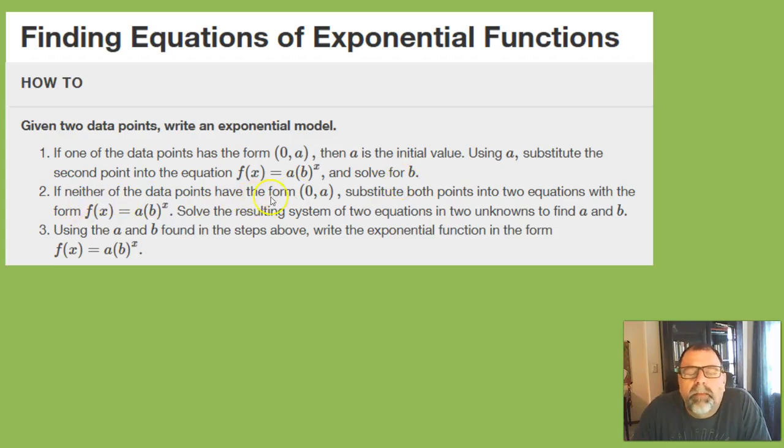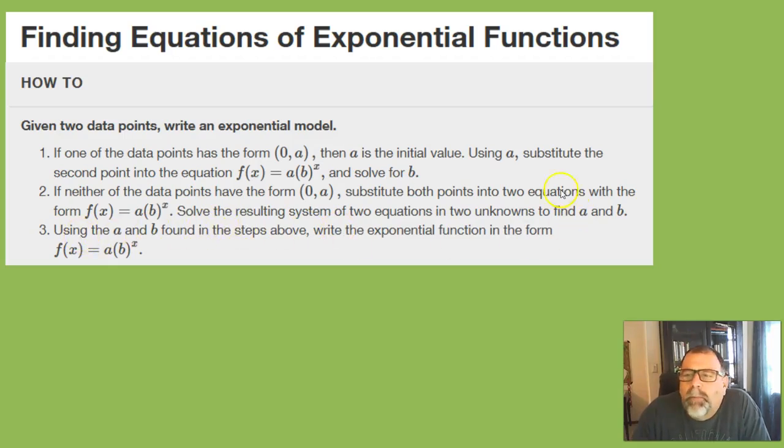If neither data point has the form 0, a, we substitute both points into two equations with the form f of x equals a b to the x and solve the resulting system of two equations in two unknowns to find a and b.